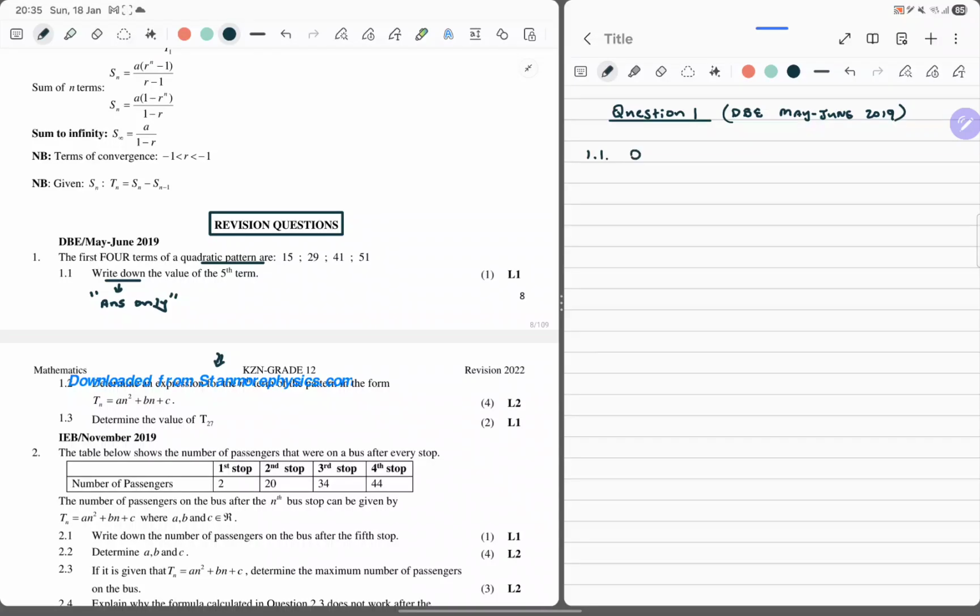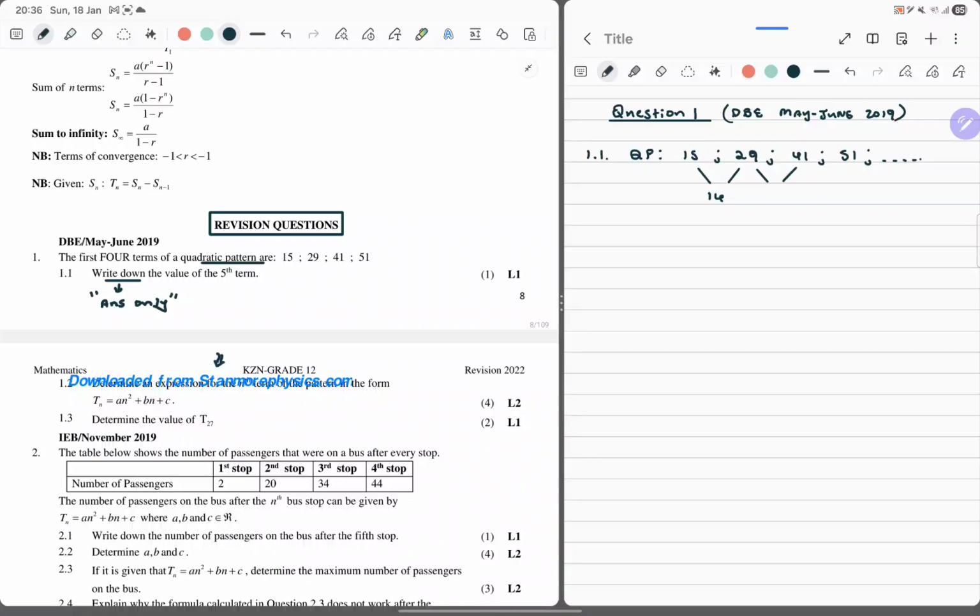Right, so we know that our quadratic pattern is 15, 29, 41, 51, and it continues. And we know that there is a sequence of first differences here. So 29 minus 15 is 14, right?